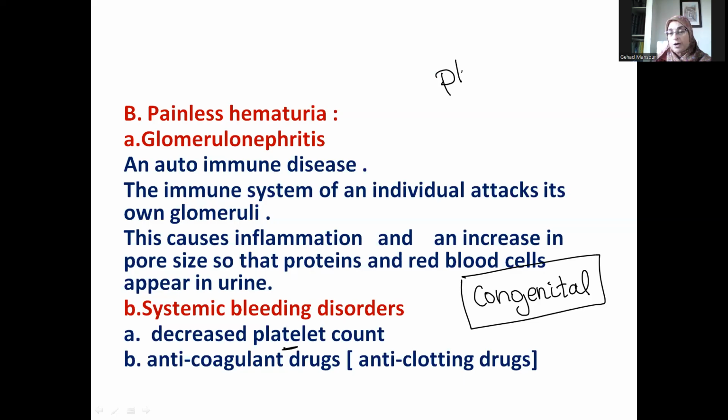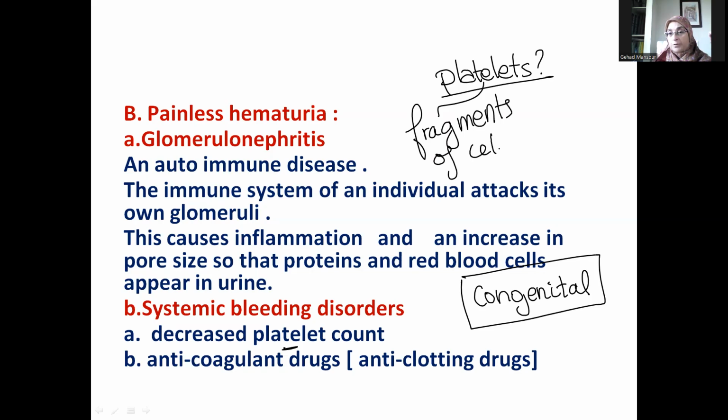So if I ever ask you about platelets, we discussed this before. What are platelets? Platelets are fragments of blood cells, and these fragments of blood cells promote blood clotting or stimulate blood clotting. They enhance blood clotting, okay?